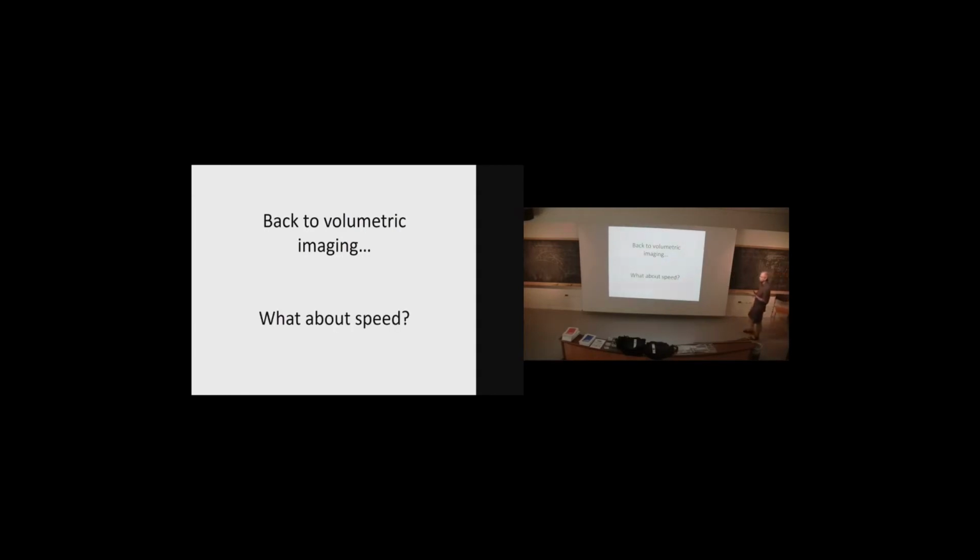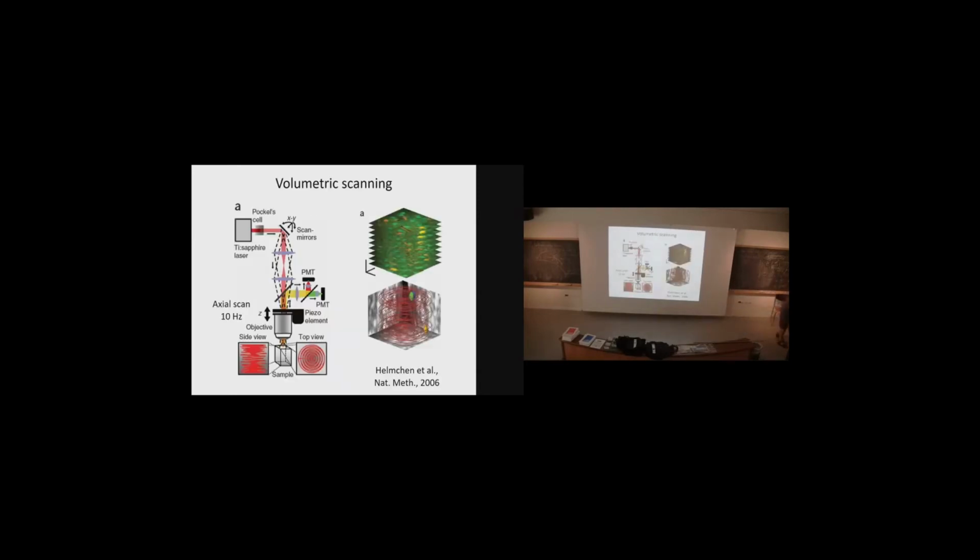What about speed? Remember, that was one of the challenges we had to deal with. We had to go fast. So how can we go fast? Well, here's an early attempt at doing volumetric imaging quickly. This was done by Fritjof Helmchen in 2006. To scan your microscope, the most common way is moving mirrors on galvanometers.